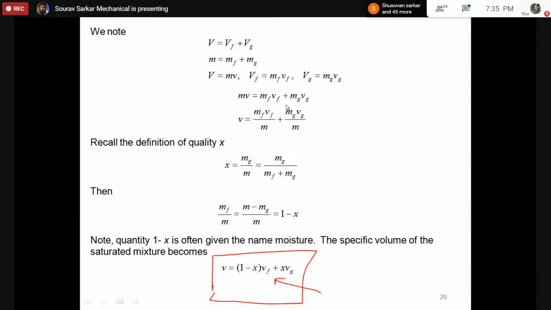What is the value of V at x equal to 0? Vf, that means only saturated liquid. Fine. So is it going with our understanding? Is that right? Yes. Any intermediate point can be written like this. You have to simply put the value of x.